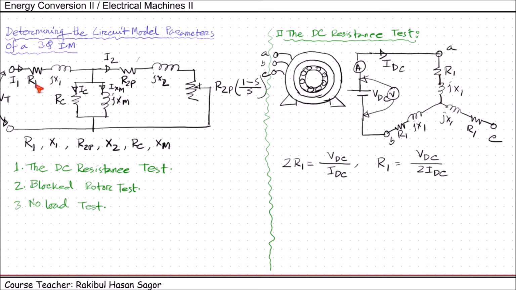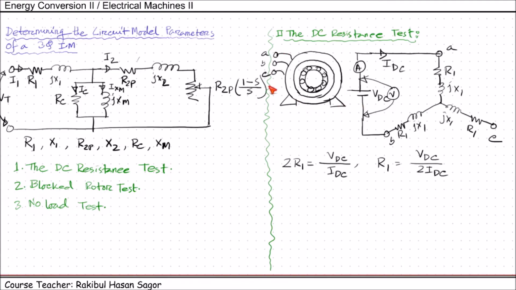In practical cases, we generally apply a small DC voltage, as the resistance in the stator side is very low. So to limit the value of DC current, we apply a very small DC supply. Now remember, this motor is run by an AC supply.